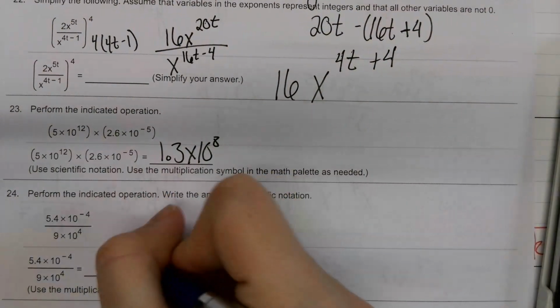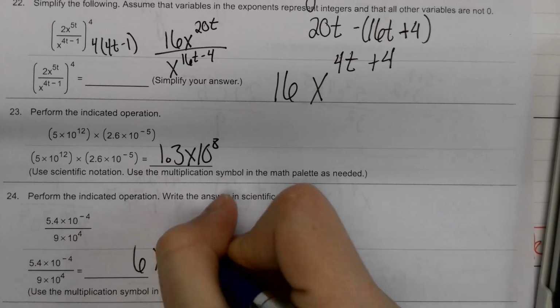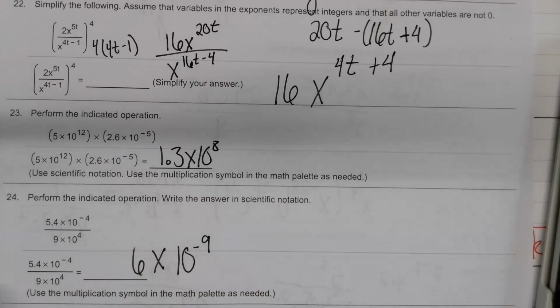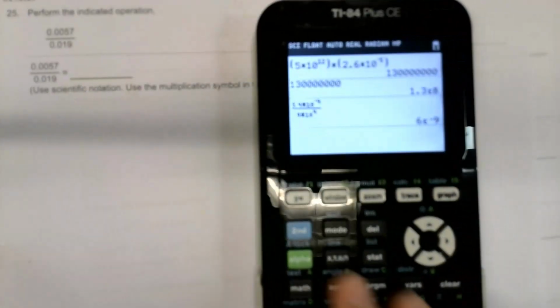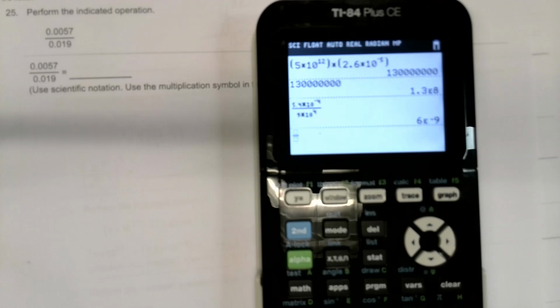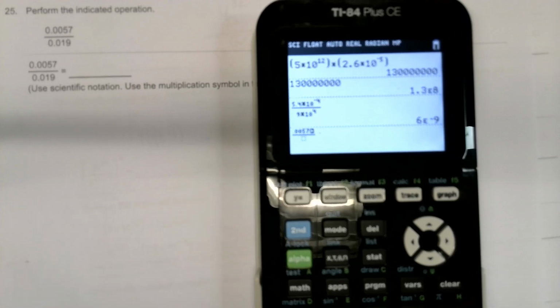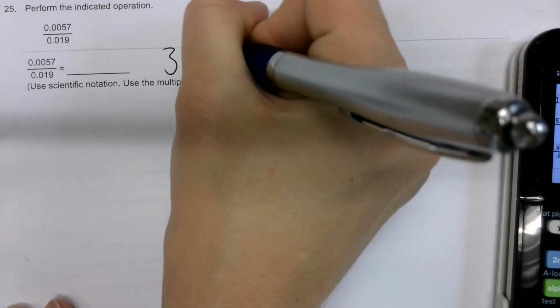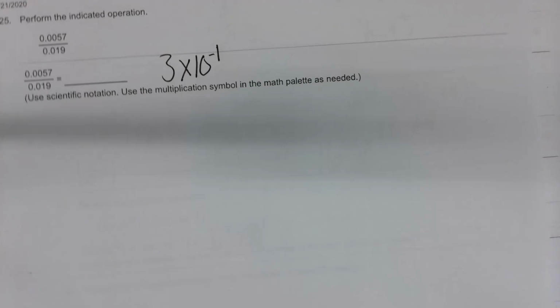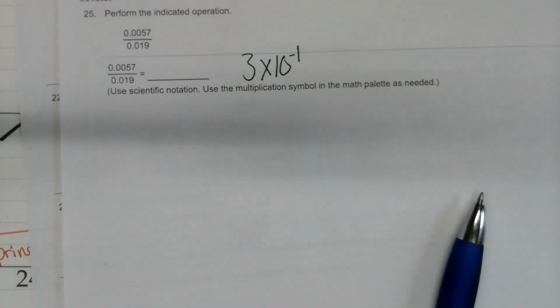It says e to the 9, so 6 times 10 to the negative 9. And then we have this one, use scientific notation. I'm going to get to my calculator, so 0.0057 over 0.019. And it's e to the negative 1, so 3 times 10 to the negative 1. That's 5.2.